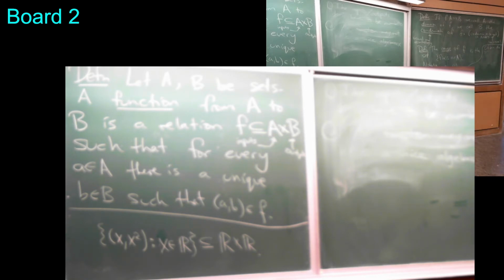Sometimes it's easier just to say what is the image of each element of the domain. So often the simplest way to define a function is to specify the image of each element of the domain, rather than writing the function as a set.